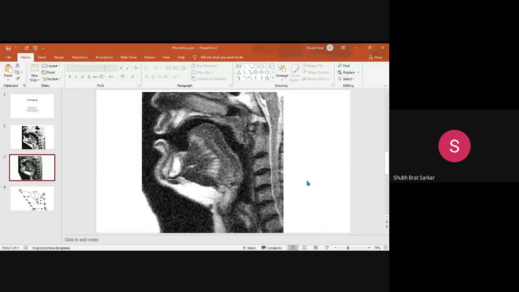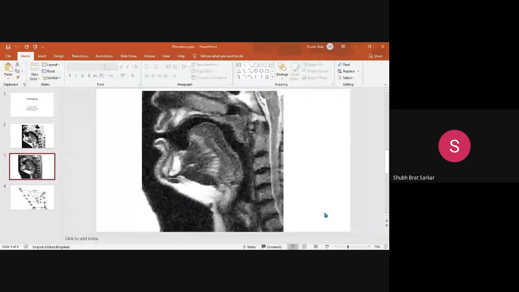Point number 1 we must remember is that vowels are produced with the help of the pulmonic egressive air stream. That means the air in the pair of lungs is pushed out, released, and through this expiration of air the pulmonic egressive air stream is created, and it reaches the phonatory system. This phonatory system consists of a pair of vocal cords.